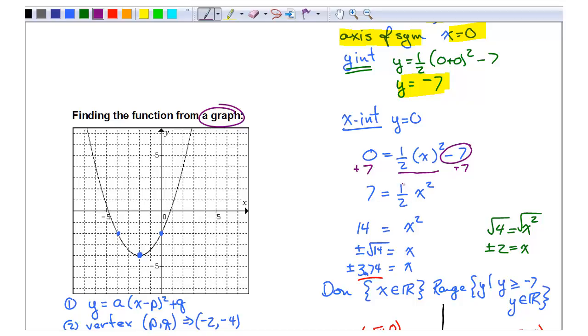The next step is to get rid of anything that's multiplying or dividing the variable in that term. So I need to get rid of the 1/2 by multiplying both sides by 2. So 2 times 7 is 14. The half is gone with the 2, and I'm left with 14 is equal to x squared.